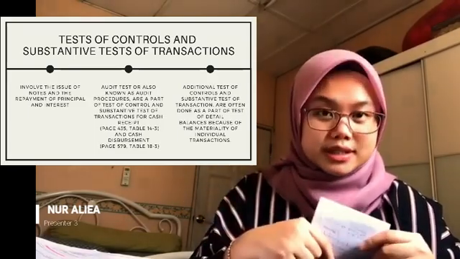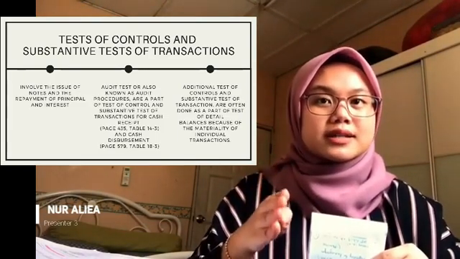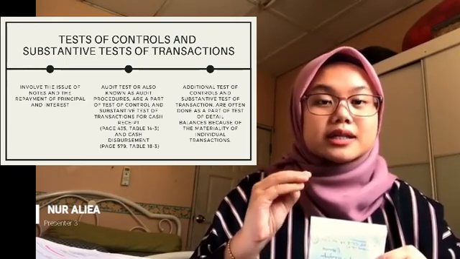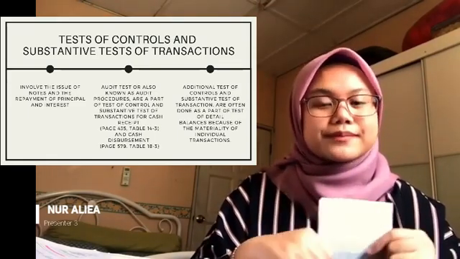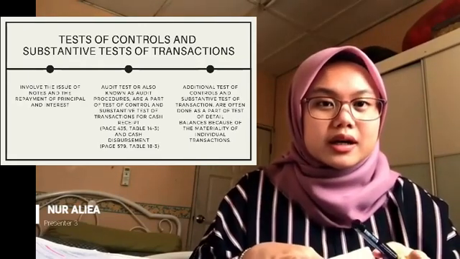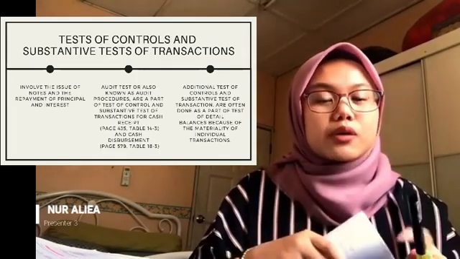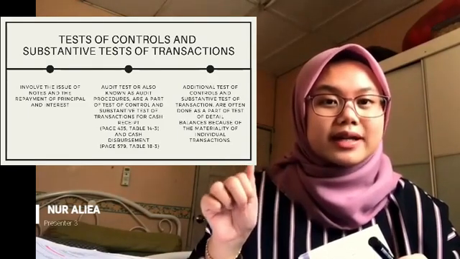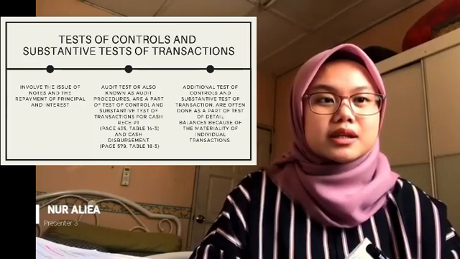For the cash receipt, you can turn to page 435, look at table 14.3, and for the cash disbursement, turn to page 579 for table 18.3. The tables show the transactions related to audit objectives that use audit procedures like test of control and substantive test of transaction to detect material misstatement in the transaction.